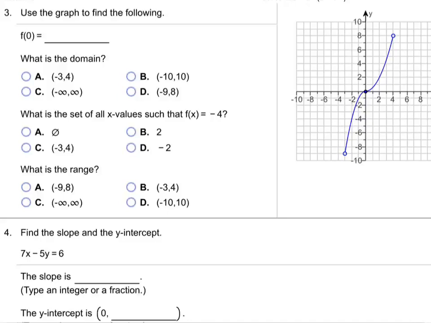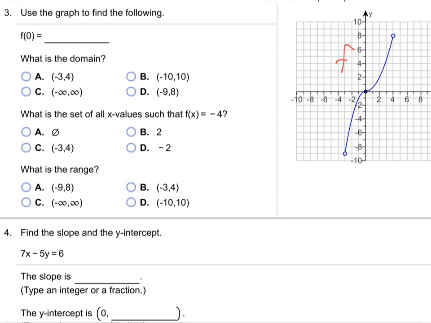All right. So number 3, they say use the graph to find the following, f of 0. This is the graph over here of f, the function, and they want me to somehow take that graph and find f of 0. It's kind of a weird question. What do they want me to do?